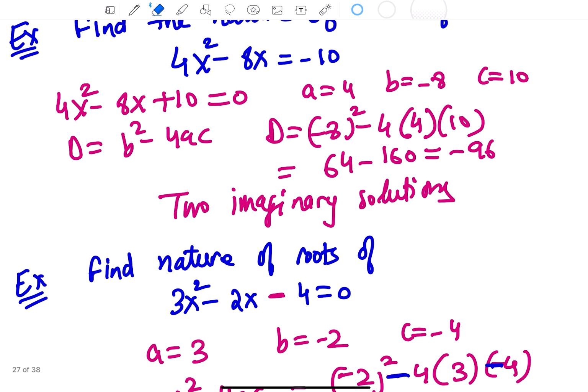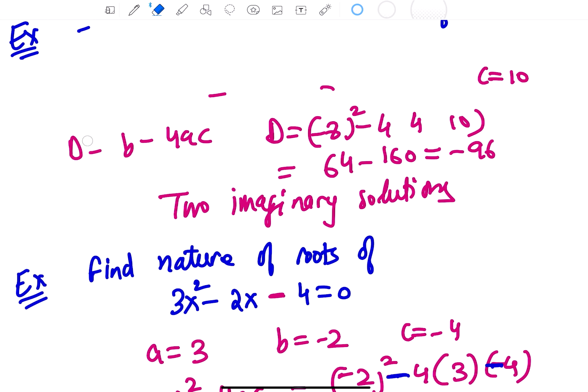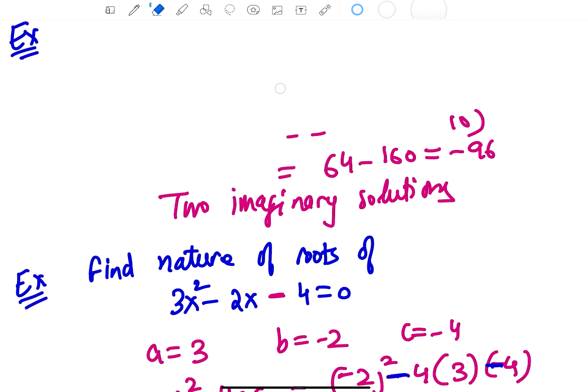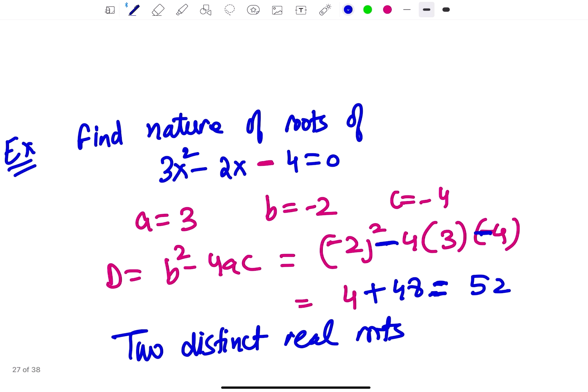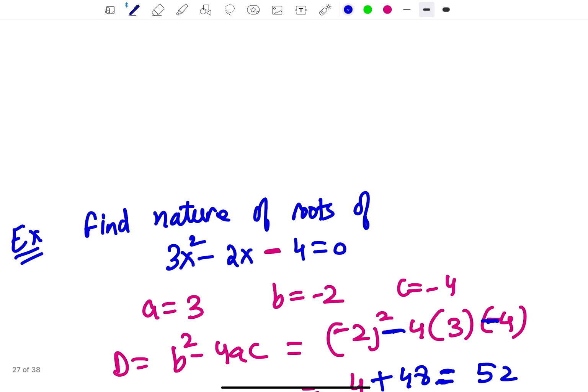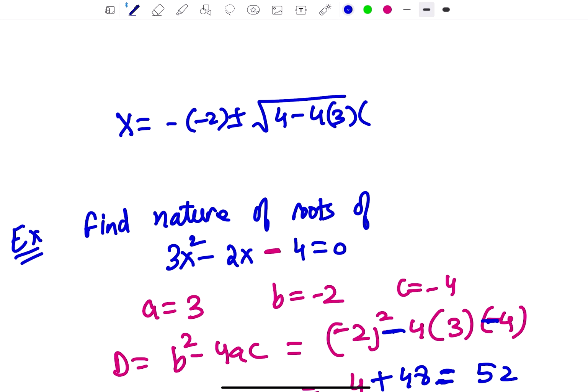For the second example, we were not supposed to find the solutions here. We were just going to find the nature of roots, but we can find the solutions if we wanted to verify that we do get two distinct real roots. So the quadratic formula will give me negative b plus minus square root of b squared minus 4 times a times c, where a is 3 and c is negative 4, divided by 2 times a, 2 times 3.